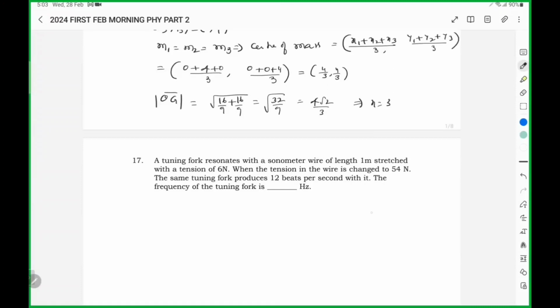Here it's a sonometer wire of length 1 meter stretched between supports. Some weights are attached, and because of it the tension in it is 6 newtons.